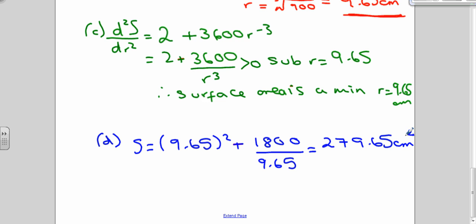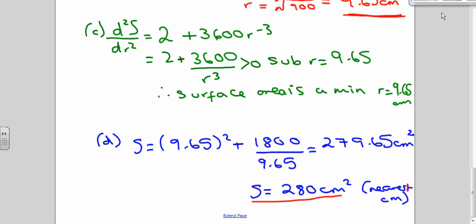But of course, we want this to the nearest centimetre, so that means that the surface area S is equal to 280 centimetres squared to the nearest centimetre. So we have found all the parts to our question.